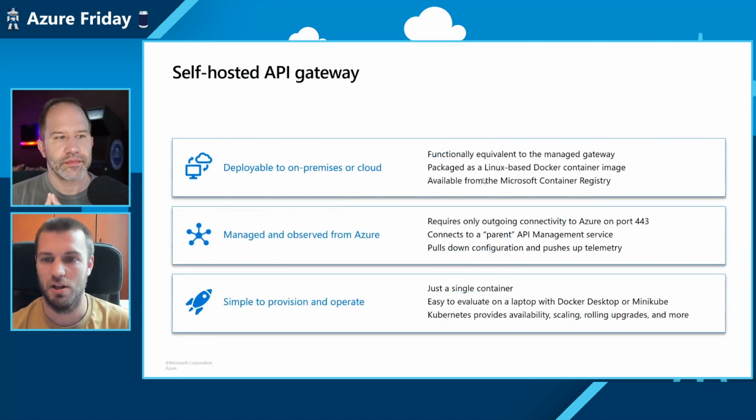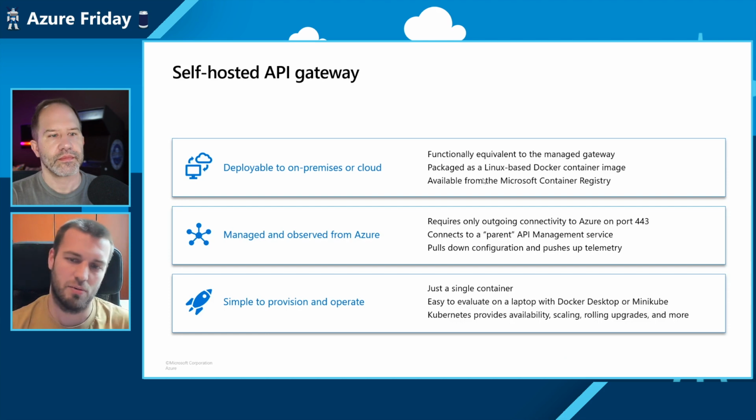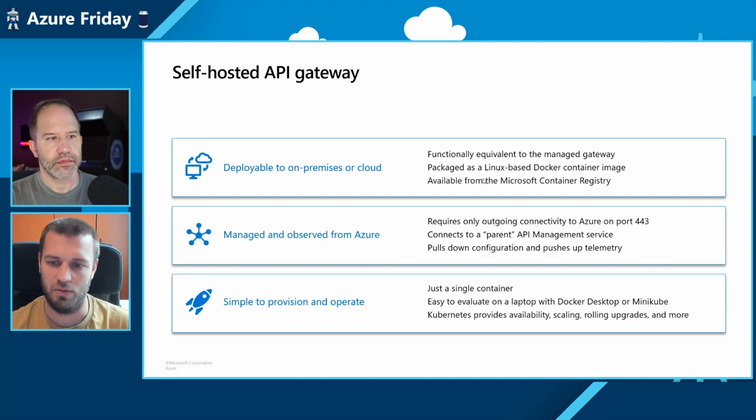It is only for Linux and is available in the Microsoft Container Registry. And the only requirement that we have is that it needs to have an outbound connection to Azure, which should be fairly easy to set up from a security perspective, so that it can pull down the configuration and send telemetry to the cloud if you want, because that is optional.